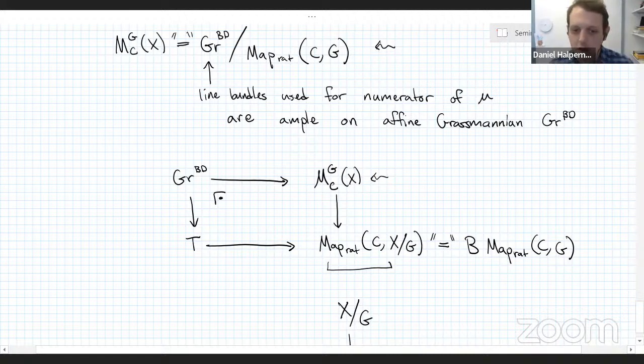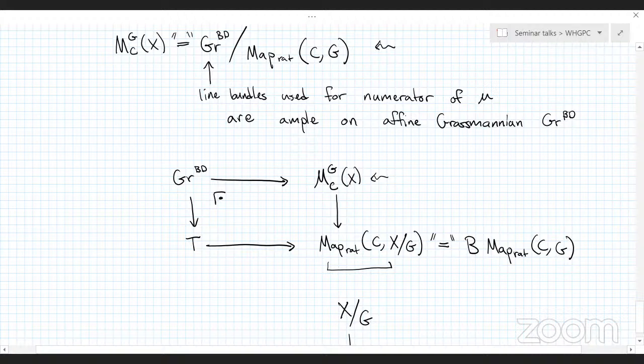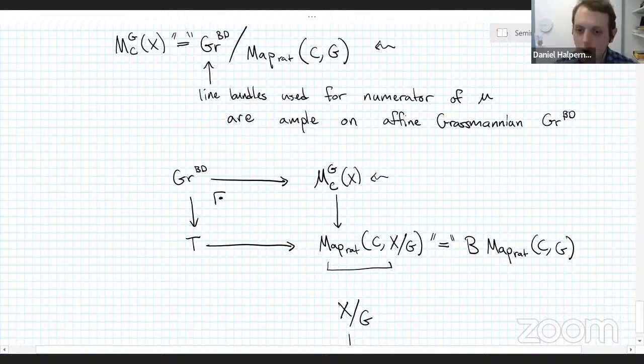We don't go into whether or not that's actually the classifying stack of some ind-group, but morally it should be. This stack of rational maps from C to BG is morally the classifying stack of the ind-group of rational maps from C to G, if that makes sense.